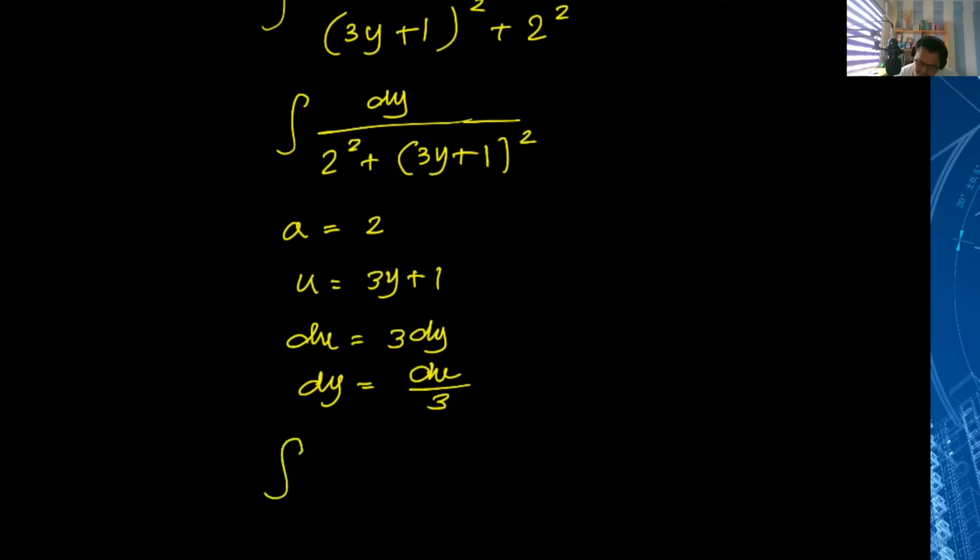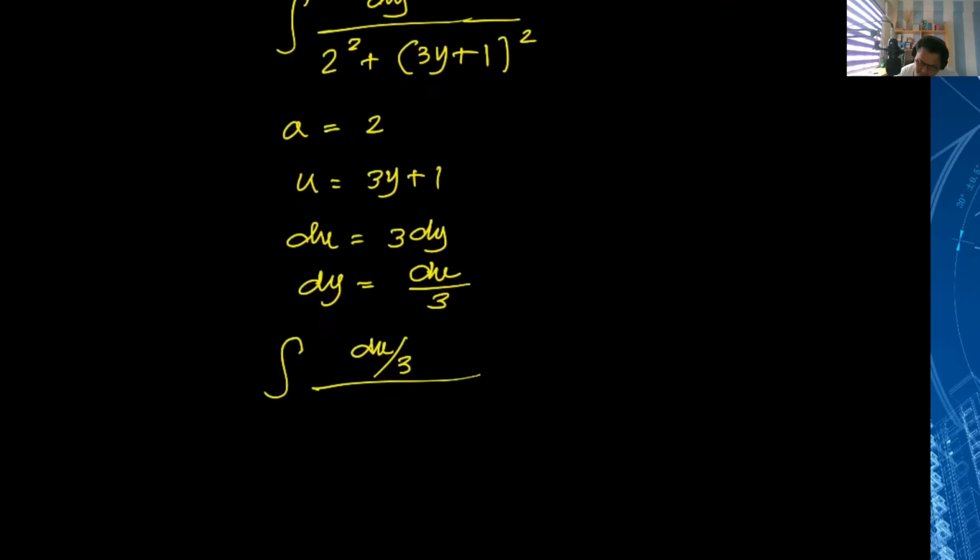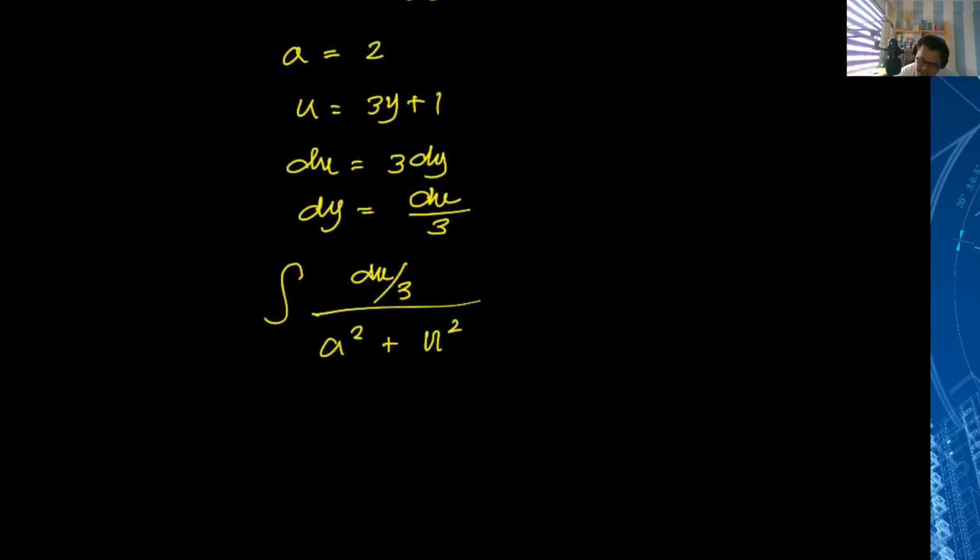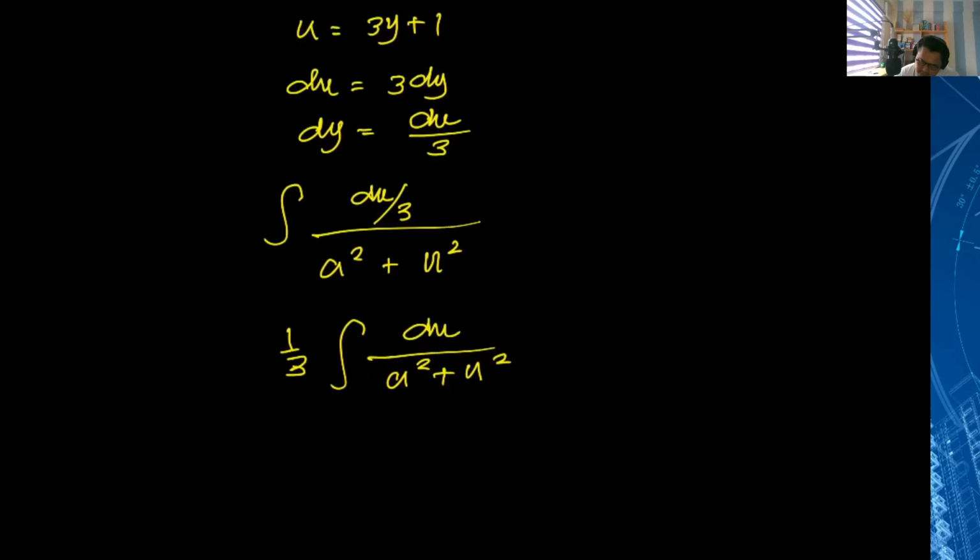So dy equals du over 3, over a squared plus u squared. Factoring out 3, this becomes 1/3 integral of du over a squared plus u squared. This is now the equation applicable to our integration formula. So this becomes 1/3 times 1 over a, arctan u over a, plus c.